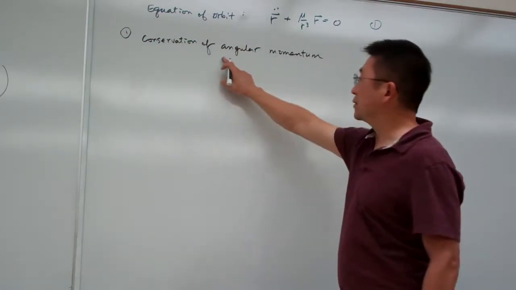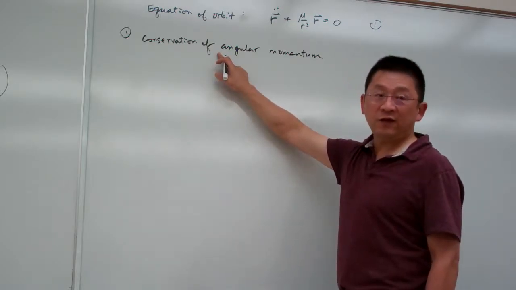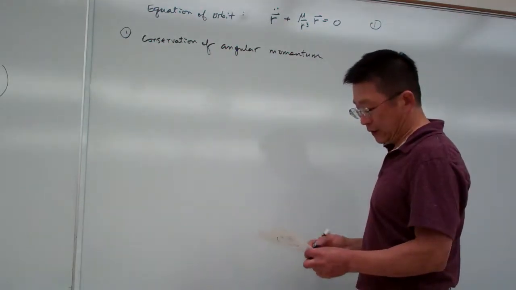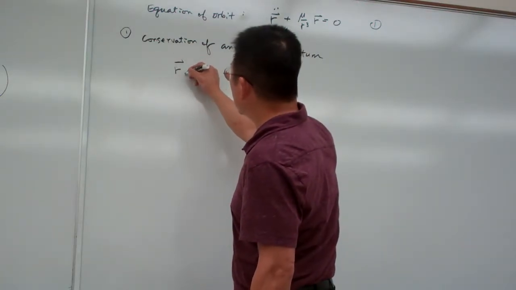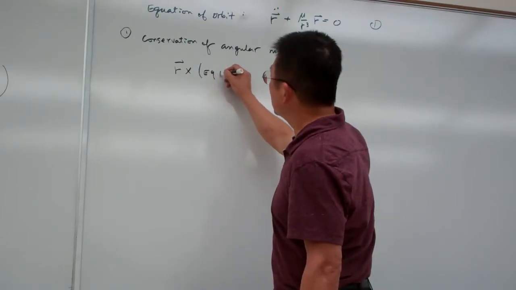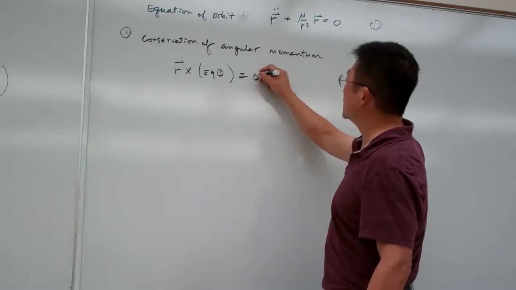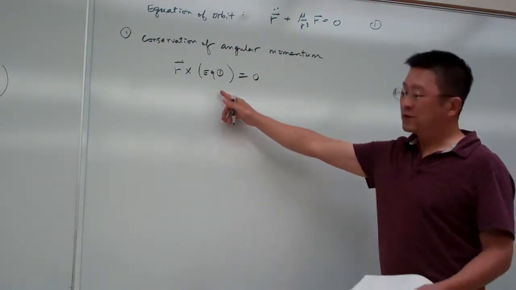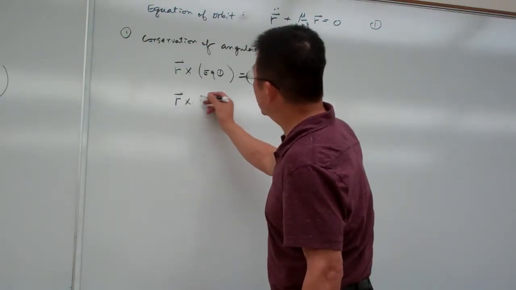And again, if otherwise specified, here we always indicate a specific angular momentum. So this one is simply this. We simply take r cross product with equation 1, and equation 1 equals 0, so this should be equal to 0. Based upon this, we can do a few manipulations.